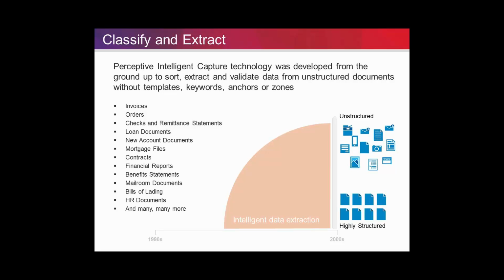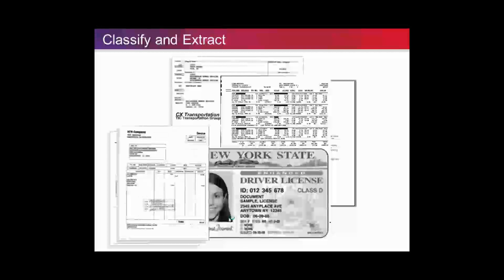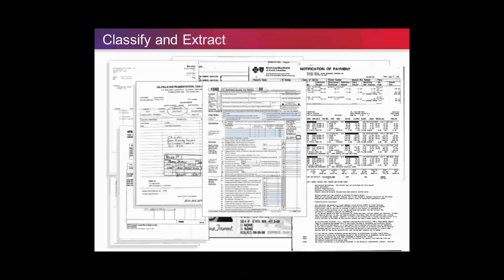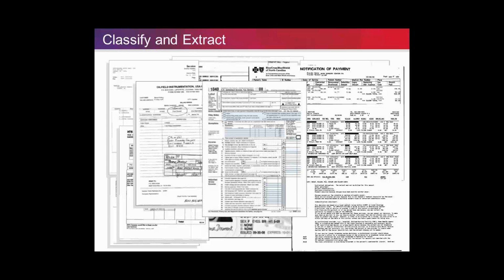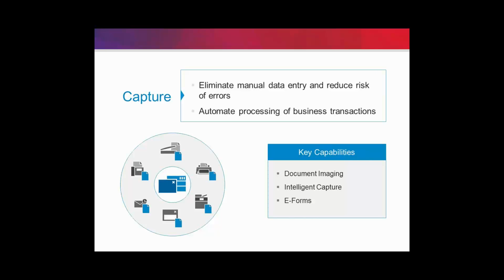So the focus today might be accounts payable invoices, but we could also be talking about customer orders, bills of lading, transcripts, any other document type that you might have. And Intelligent Capture will process those documents, tell you what those documents are through a classification process, and then based on the document type, go forward from there in its extraction.